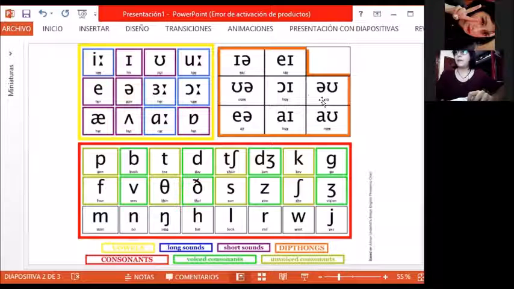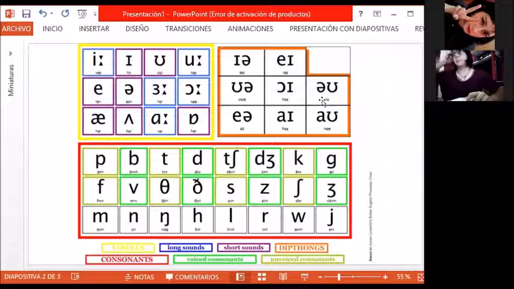Here we have the diphthongs, and as I said before, these are vowels that have two different vowel sounds in just one syllable.